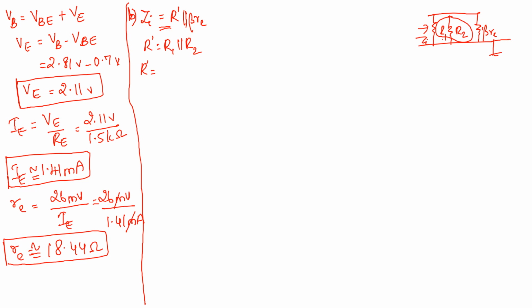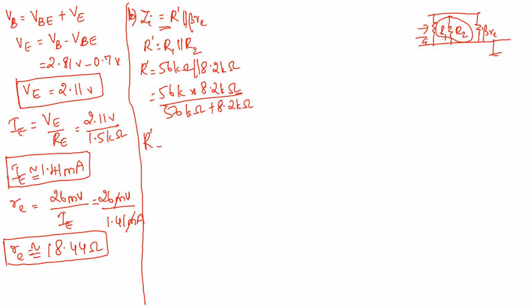R dash is equal to, what is your R1? R1 is equal to 56 kilo ohm parallel to, what is your R2? 8.2 kilo ohm. So what you will be getting? 56 kilo ohm into 8.2 kilo ohm divided by 56 kilo ohm plus 8.2 kilo ohm.